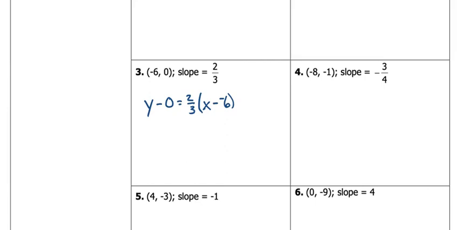So we need to simplify this. First step, I have y minus 0. We typically don't write that. Sometimes you'll need to when you're using technology, it'll ask you to enter the 0. But I'm going to go ahead and simplify down. So this is 2/3, and then x minus a negative, that's not simplified. Minus a negative is addition. So x plus 6. That would be a simplified point slope.